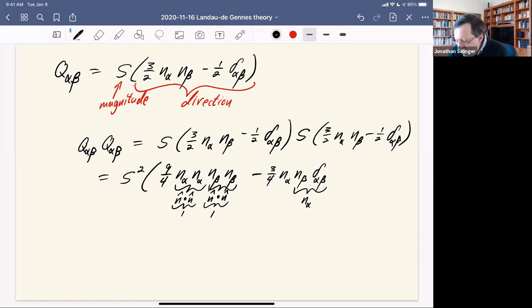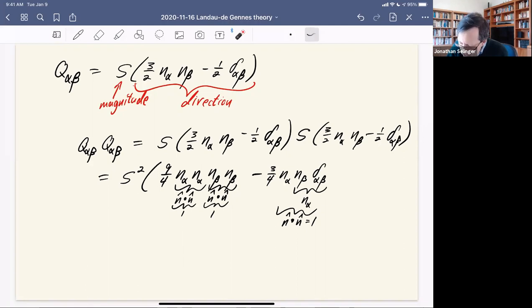Because the only non-zero term is when beta equals alpha, and then the delta is just 1. So it's just 1 times n alpha. And then n alpha n alpha is n dot n, so that's equal to 1. So this whole term is just negative 3/4. Again, it's just a number, right?